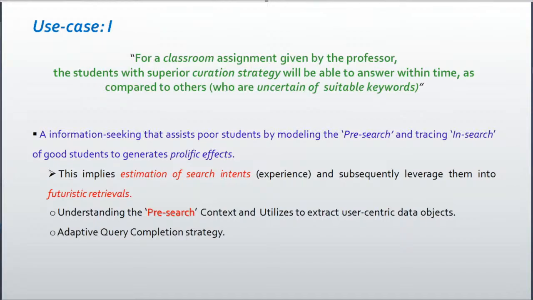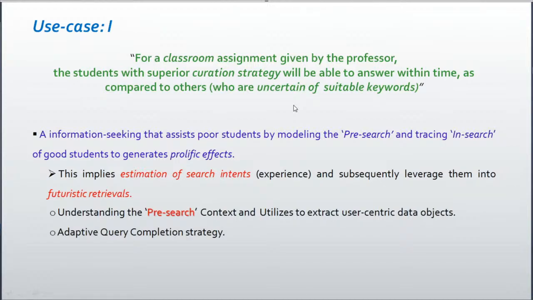If you assume that 10 students are better at the searching process, you can process their search history, model a search thought process, and plug it into the search behavior of the other students, and this thought process will help the remaining students conduct their search more efficiently. It is a kind of transfer learning. Besides that, to understand the initial search intent, it is important to model the pre-search context carefully.